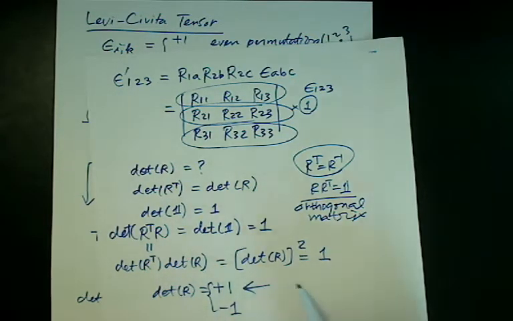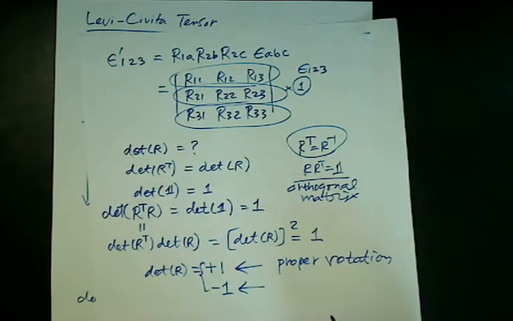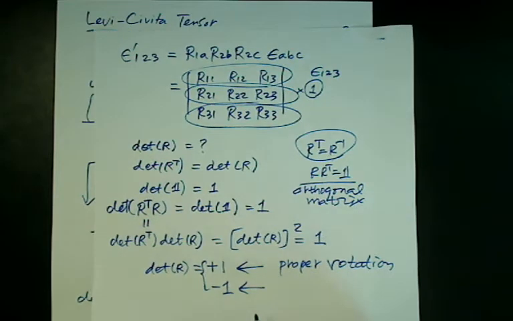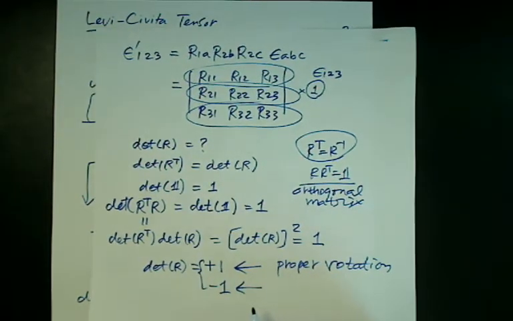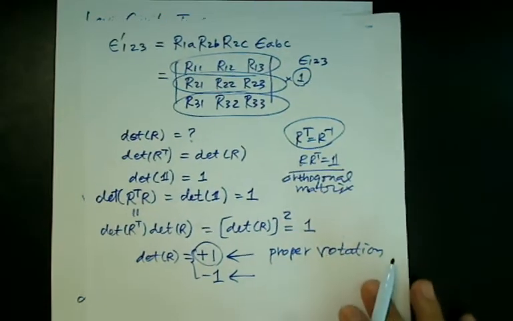Plus 1 is the proper rotation. Minus 1 is a proper rotation multiplied by a kind of flip, which is a parity transformation. So as far as a pure proper rotational transformation, we have plus 1.